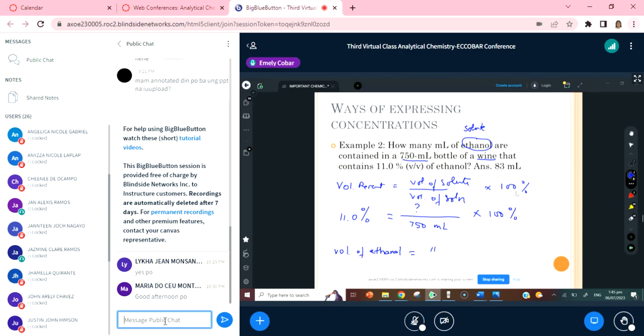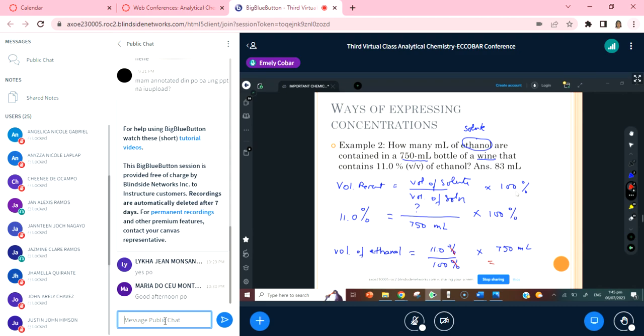So, 11.0%. We divide it by 100. Okay? Then, times 750 ml. Okay. So, tanggal itong percent. ml ang unit.